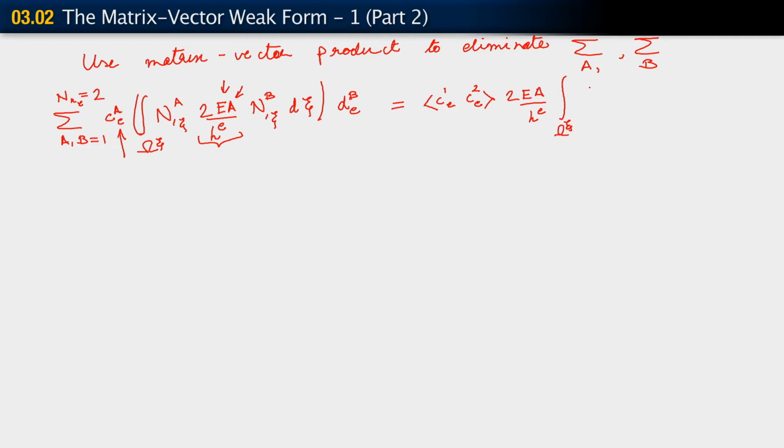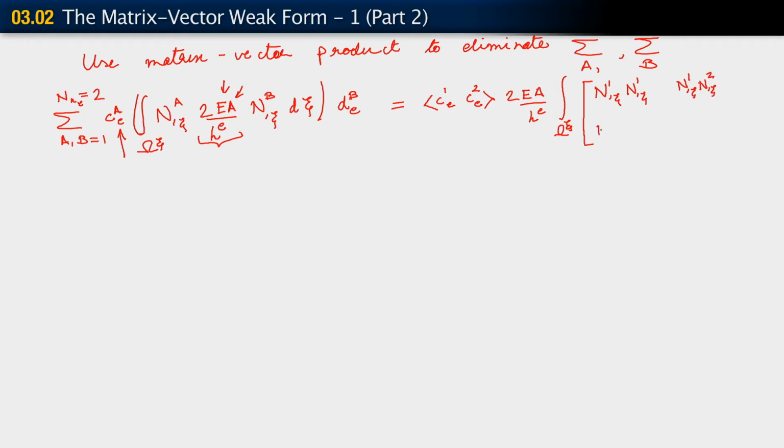Now, the integral over omega xi we are going to write out without using the summation. Instead, recognizing that A and B run over 1 and 2 for this use of linear basis functions, we get a matrix with entries N_1 comma xi, N_1 comma xi, N_1 comma xi, N_2 comma xi.